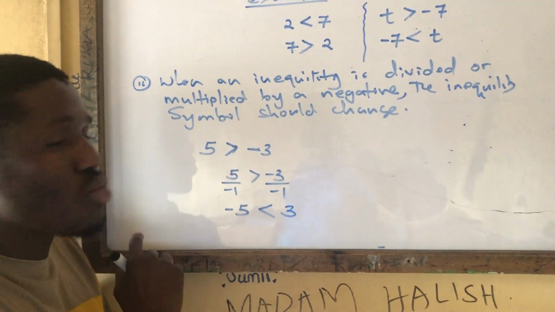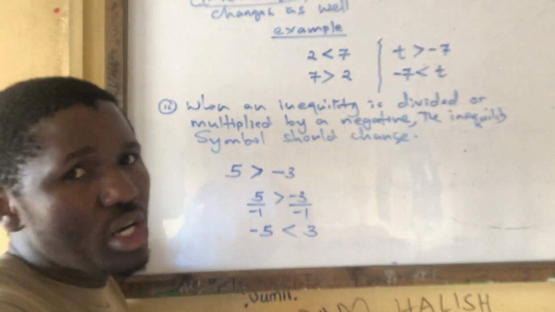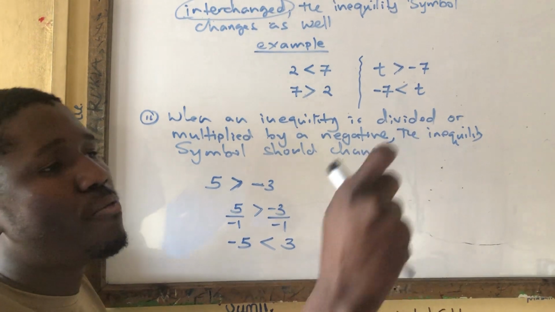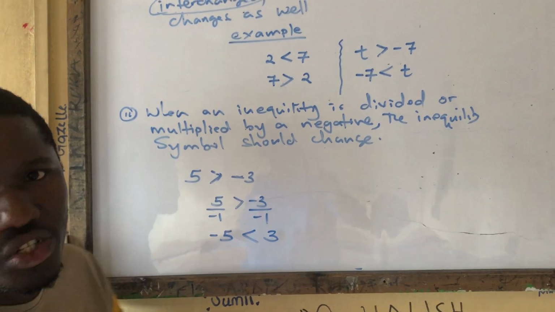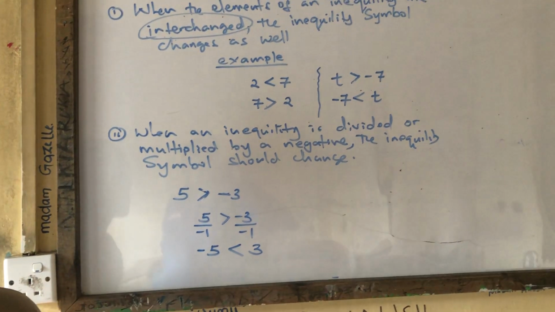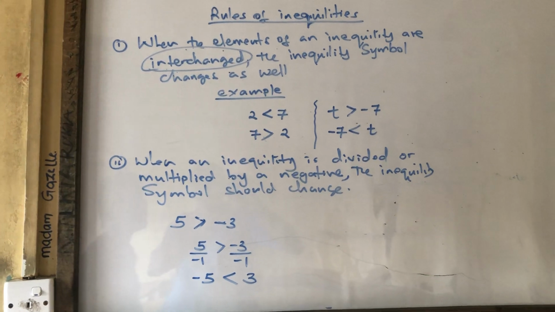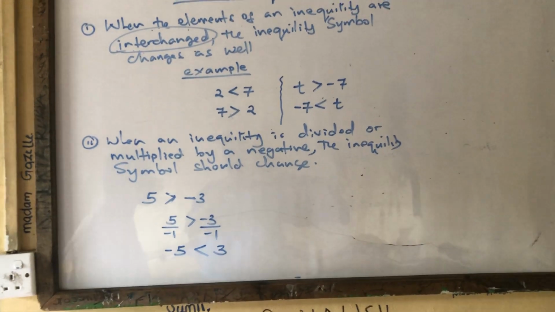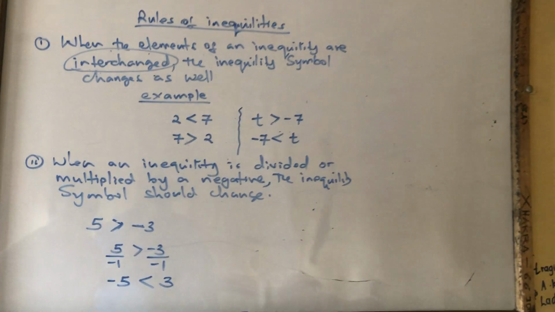That is the reason why we are saying that when an inequality is divided by a negative, this symbol should change. And those are the two rules of inequalities that I want you to take into consideration. Which now takes us to the next phase.